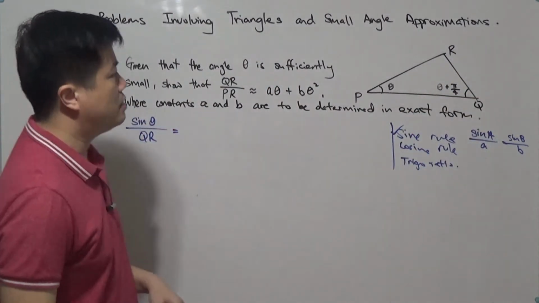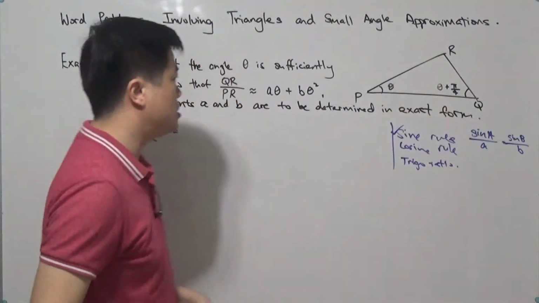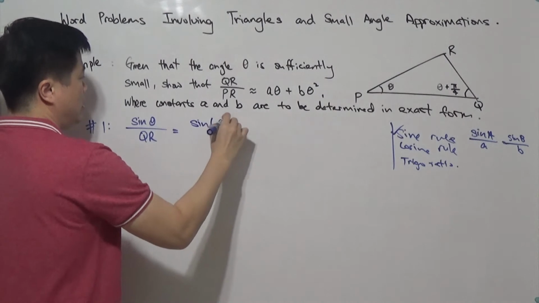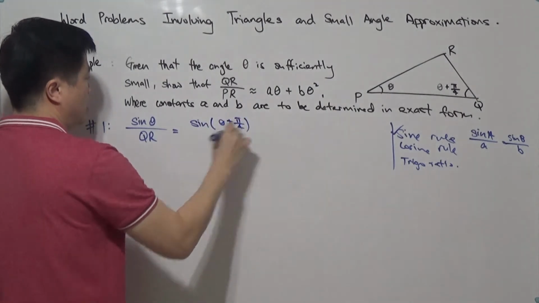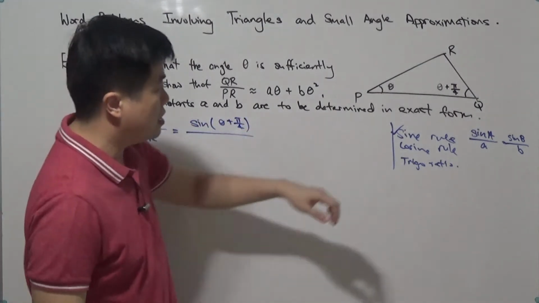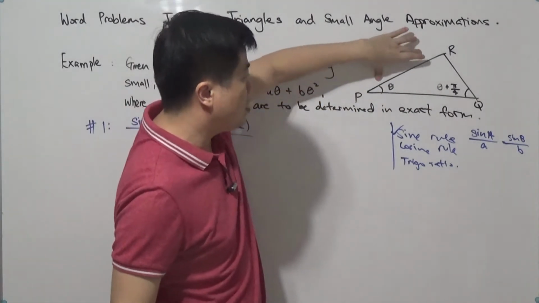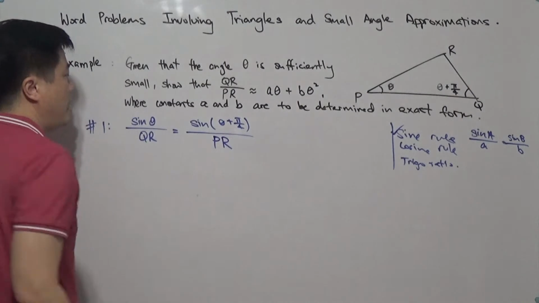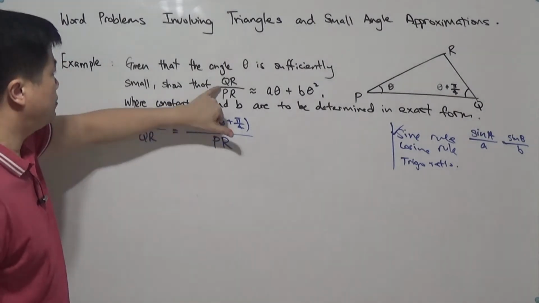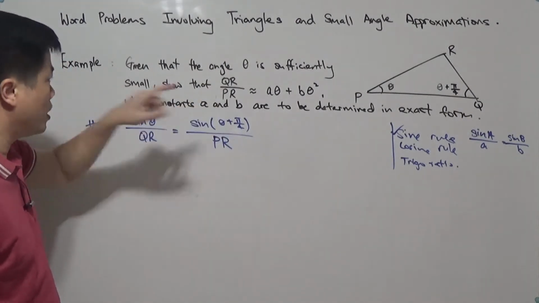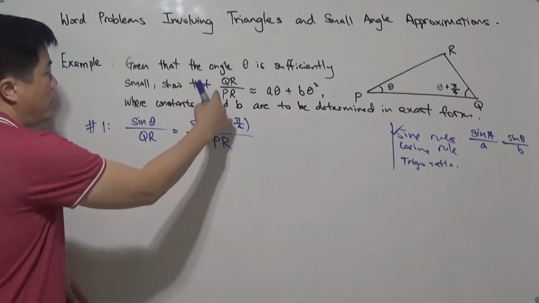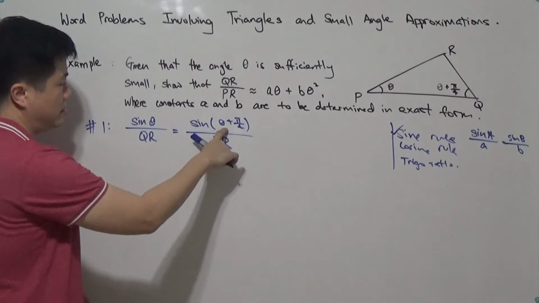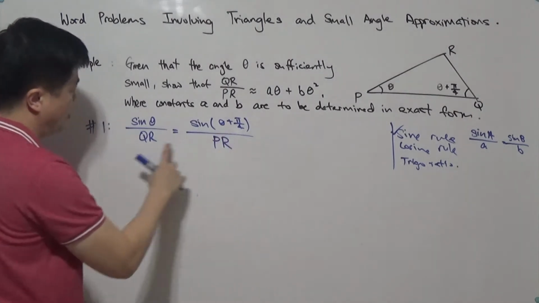And then after that, we're going to use this angle over here, sine theta plus pi over 4, over the side on the opposite side, which is PR in this case. And they want us to form this ratio, QR over PR. In that case, I'm going to multiply this over to the other side and take the numerator on the right hand side and divide it over.